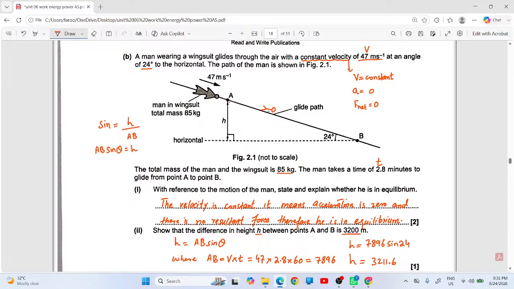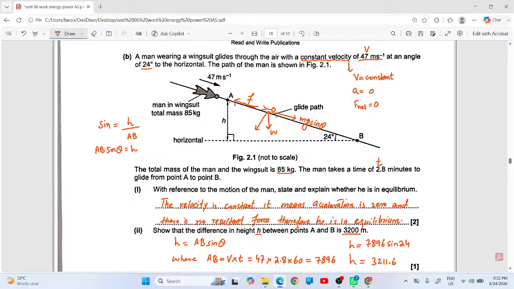The weight is acting downward, and the component of weight along the slope is mg sin theta, and in the backward direction the component is the frictional force.